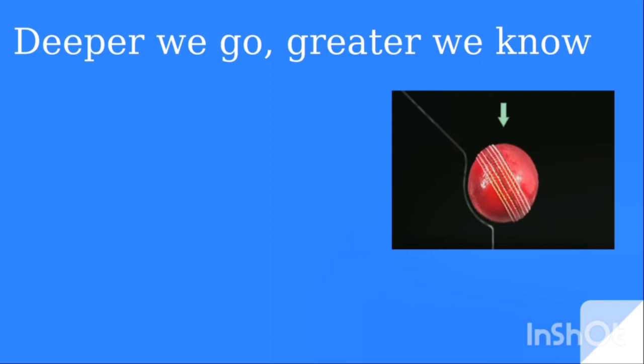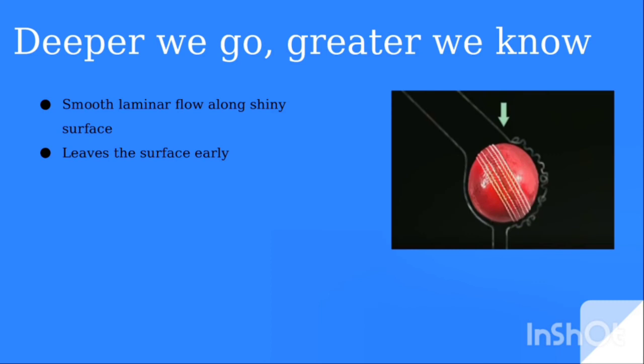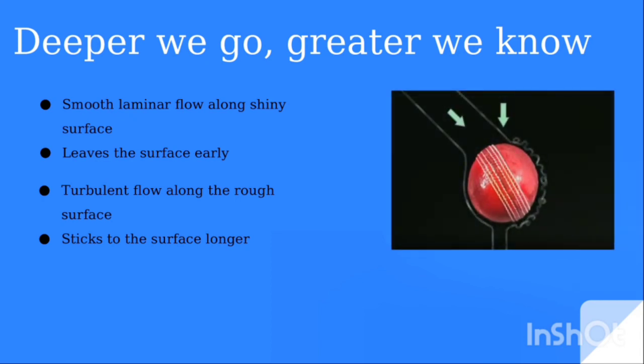On the other hand, the air that starts as a laminar flow but moves in the opposite direction and hits the seam turns into a turbulent flow, and this turbulent flow sticks to the surface much longer, and this is the reason the resultant trail of air creates a force on the ball in that direction, which is shown by the second arrow in the picture.